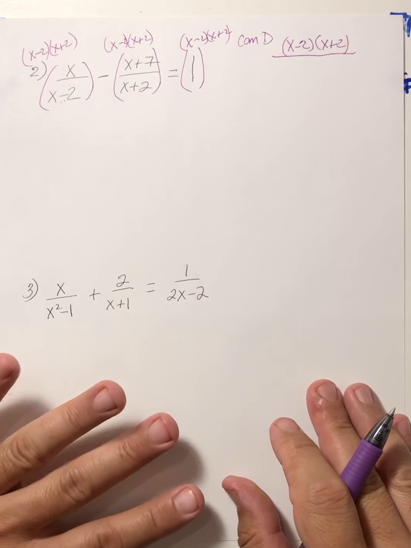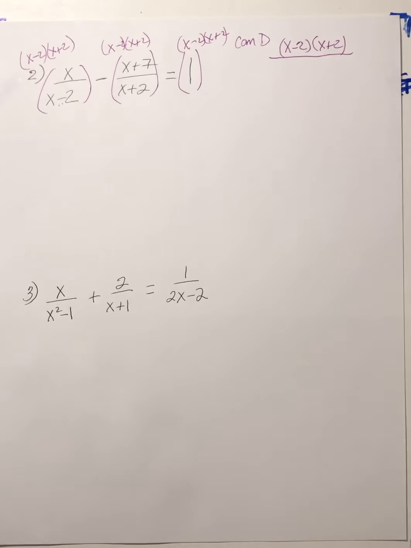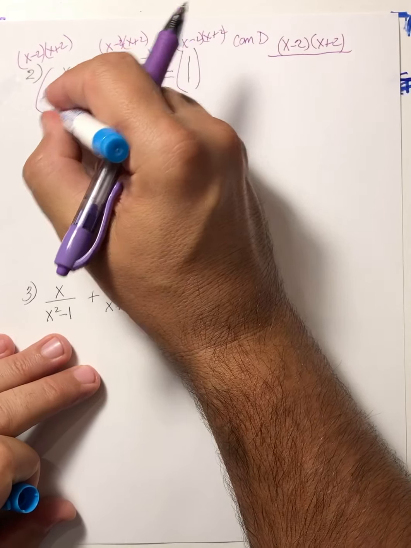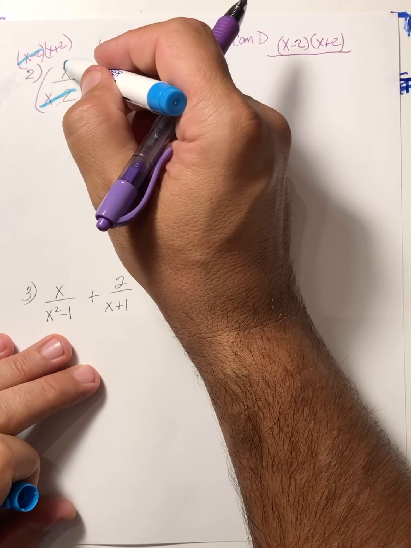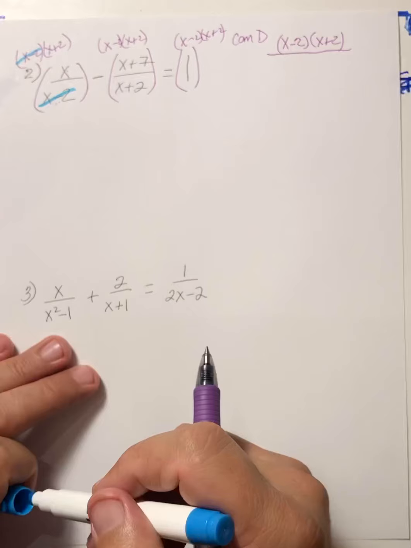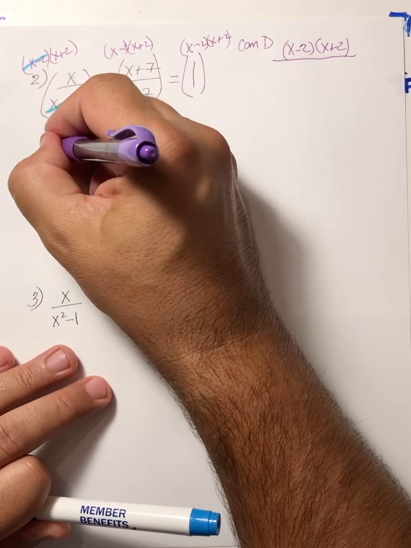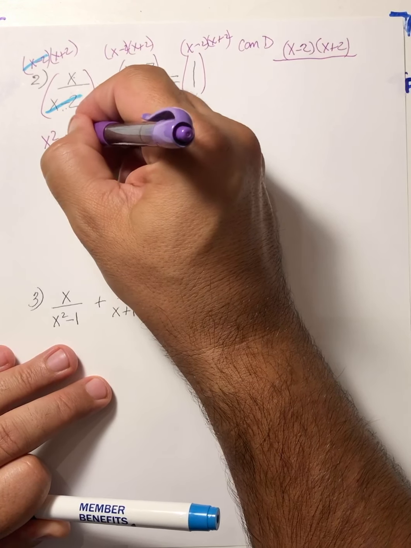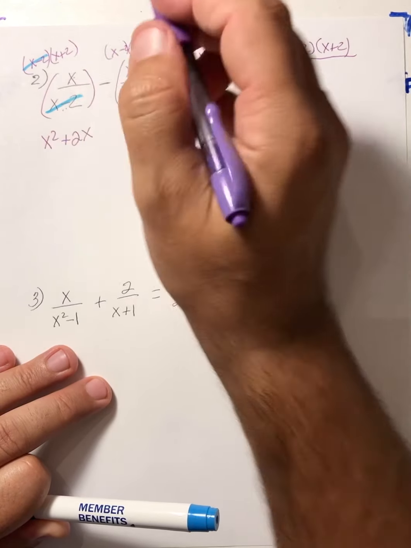All right, so here, x minus 2 cancels with an x minus 2, so I'm left with x times each of those. So x squared plus 2x, x times each of those.